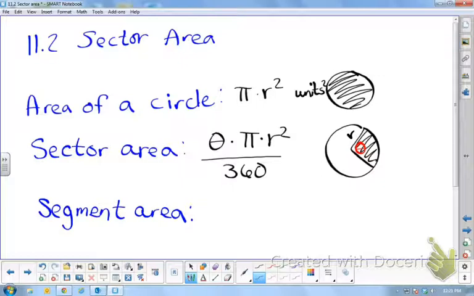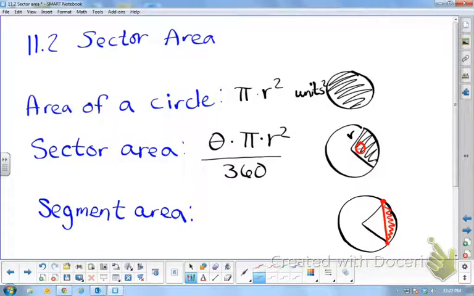The third formula is for segment area. If we take our pie slice and we connect a line segment from these points where our pie slice hits the arc, the segment area would be this little space at the top of the ice cream cone type shape.